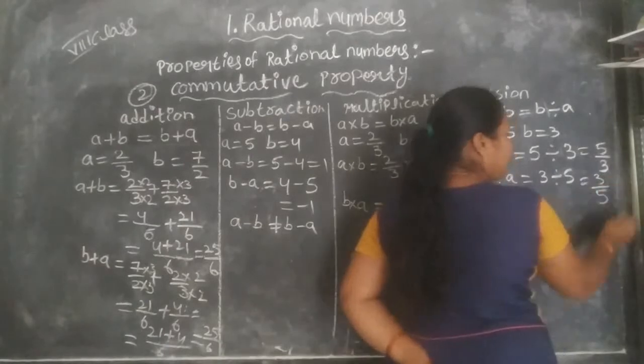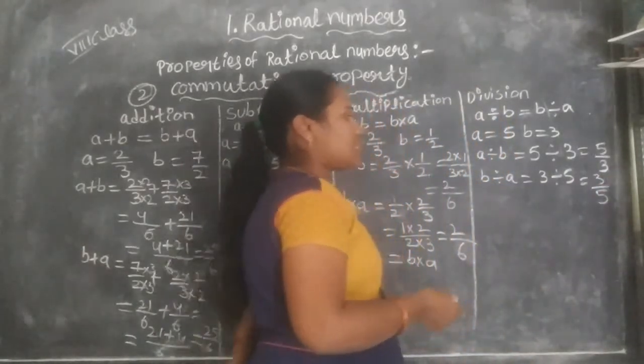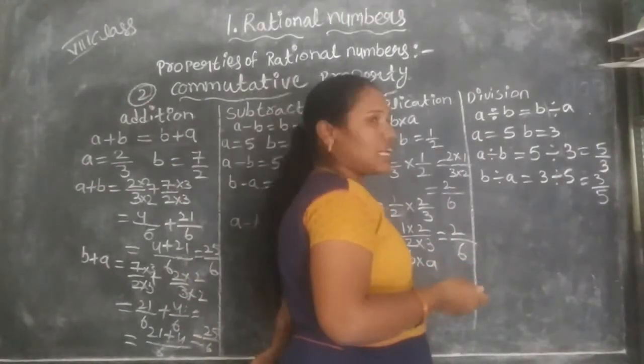So are these two fractions equal? The first one is 5 by 3 and the second is 3 by 5. Are the two fractions equal?